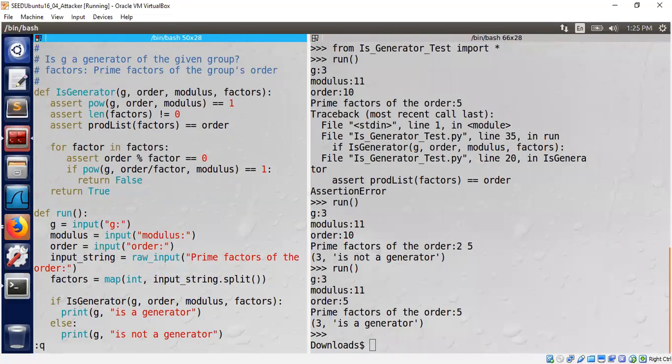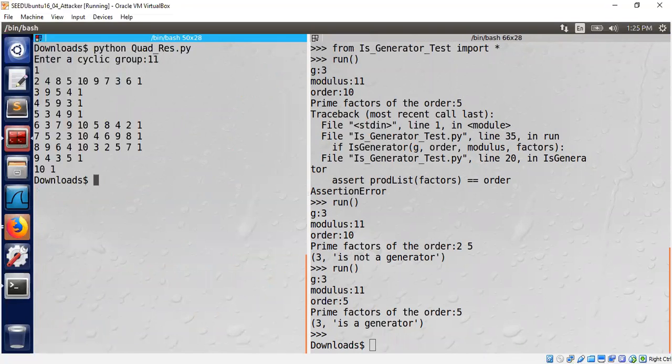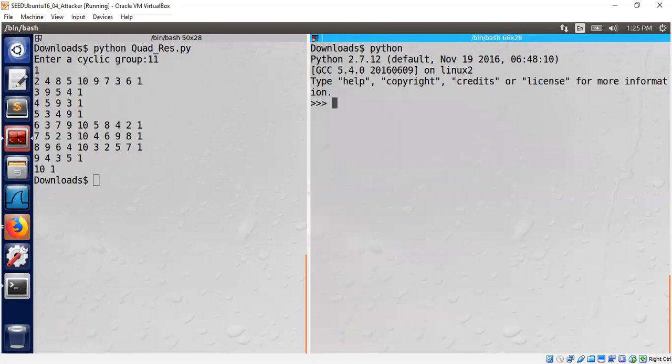Let's see, we know for sure Z star 11 is a cyclic group, and we can apply this theorem straight away. I will first import all the functions from my is generator test, and call the run function, which is the main function.